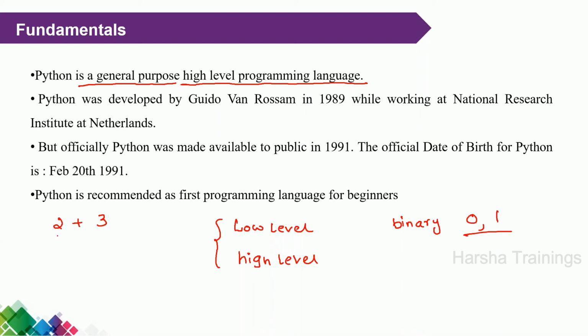The binary representation of 2, the binary representation of 3, and at the same time for the plus sign also we have a binary representation like this. Assume this is the binary representation, not exactly. Everything is in terms of binary. So a computer can understand only binary language.